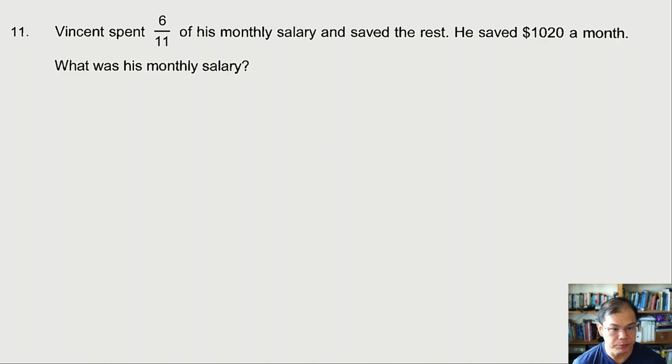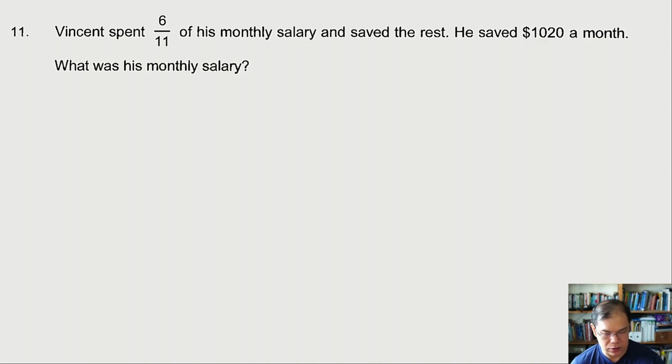So now we go to paper 2. We can use your calculator. Question 11. Vincent spent 6 out of 11 of his monthly salary and saved the rest. He saved $1,200 a month. What was his monthly salary? So I think some of you may have trouble visualizing this.